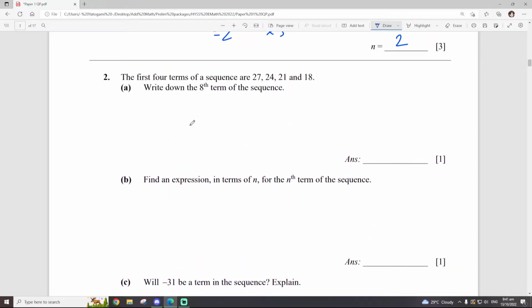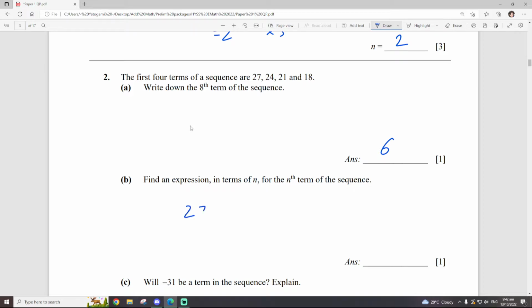Question 2, we have the first 4 terms of the sequence: 27, 24, 21, 18. We see that everything is decreasing by 3, so we just need to minus 3 four more times, and you will get 6. Find an expression in terms of n for the nth term of the sequence. The first term is 27, second term is 24, so 27 minus 3 times (n minus 1).